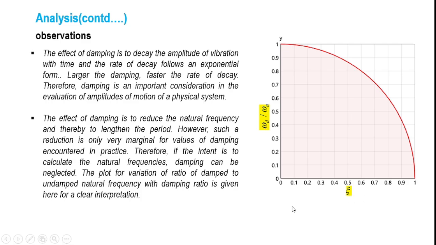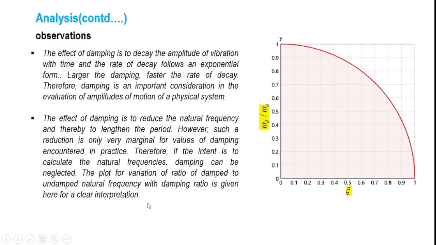For example, we know that for many of the civil engineering structural systems, the maximum damping is of the order of 10%, that is c equal to 0.1. Now if you take c equal to 0.1, what happens? We find that the ratio omega d to omega n is almost equal to 1, which means that if the intent is to calculate the natural frequencies, damping can be neglected.